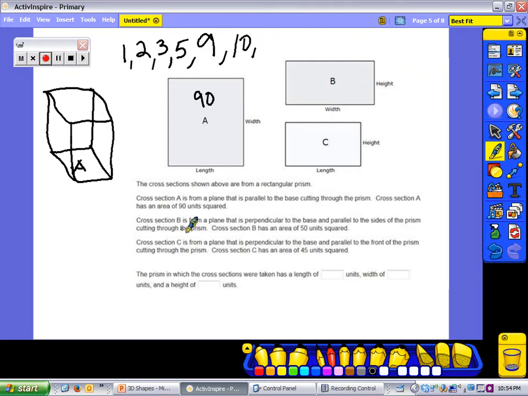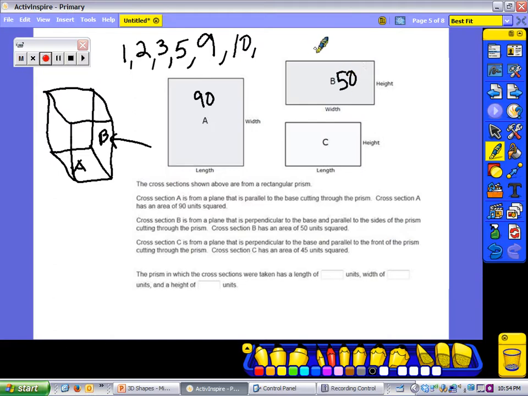And then we go to cross-section B. It says it's from a plane that is perpendicular to the base and parallel to the sides of the prism, cutting through the prism. Cross-section B has an area of 50 units squared. So cross-section B would be like this side here. So I'm going to put a B right there. Okay, and then it tells me it is 50 units squared.